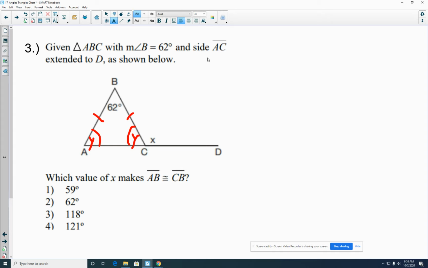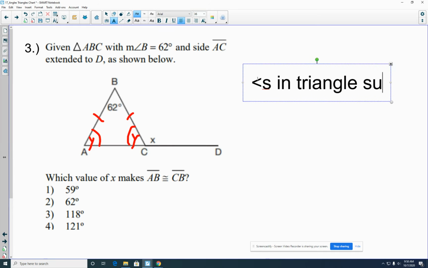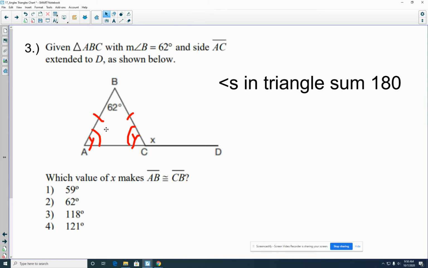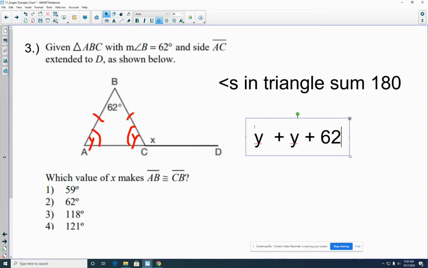Okay, now let's try to figure some things out. I have a triangle, and the angles in a triangle sum to 180. All right, so now I can write an equation. My equation is going to take the interior angles of my triangle, which is y, 62, and y, and set it equal to 180.